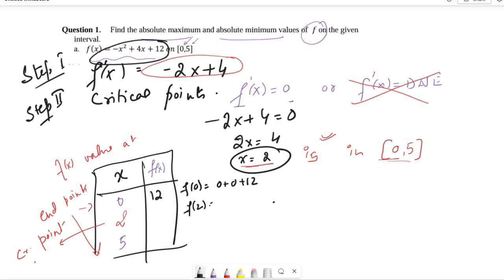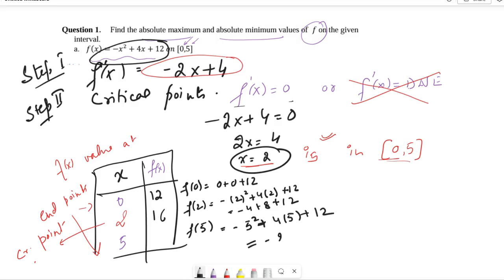F of 2 is negative 2 squared plus 4 times 2 plus 12, basically negative 4 plus 8 plus 12, which is going to be 16. F of 5 is negative 5 squared plus 4 times 5 plus 12, that's negative 25 plus 20 plus 12, which is going to be 7.